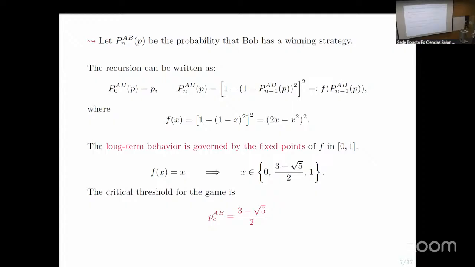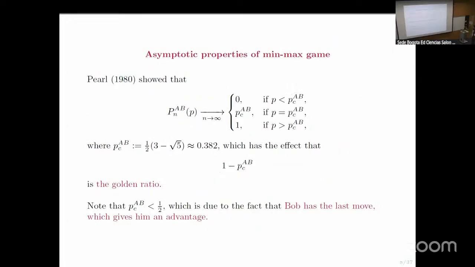I don't know if you recognize it, but I will tell you later. It is (3 minus square root of 5) over 2. These are the three fixed points of that function.